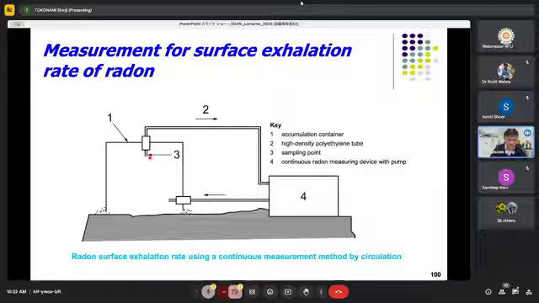Sampling point is here and continuous radon measurement device with pump. Air circulates this way.